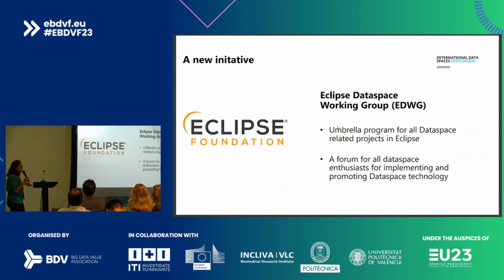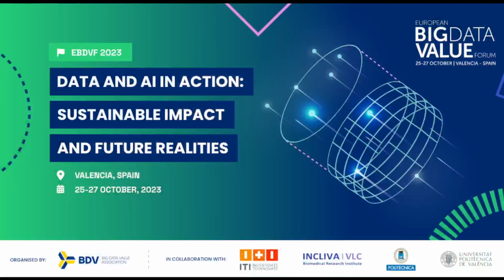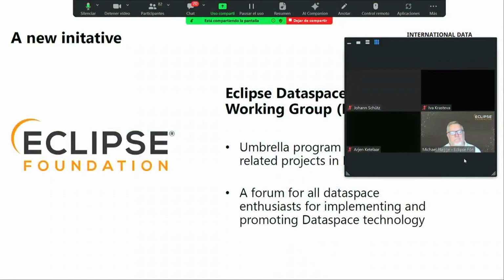We are lucky today because we have some colleagues from the Eclipse Foundation. Micheal Plagge will be joining us remotely in a few minutes, and we also have his colleague David Ramon in the audience with us, so please feel free to talk to him afterwards. Micheal will tell us how you can be part of this working group, or even if you are not part of the working group, how you can contribute to the open source projects in Eclipse for different data space related initiatives.